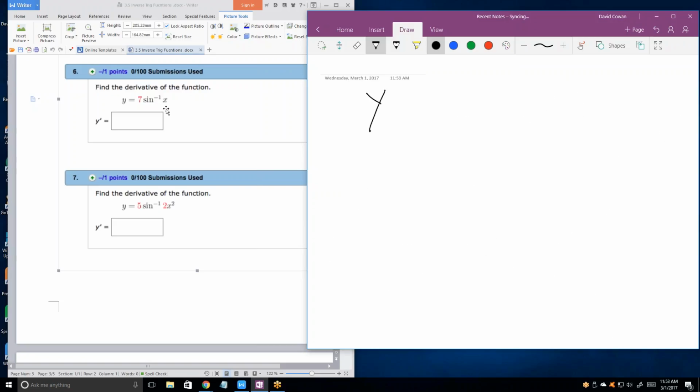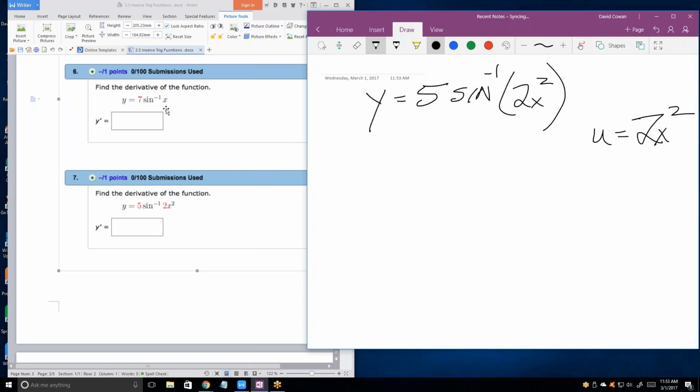So we have y equals 5. Again, you don't need to do much with the 5. Just make sure that it's brought in at the end. What's u? 2x squared. Yes. What's u prime? Because we know we're going to need that. u prime is 4x.